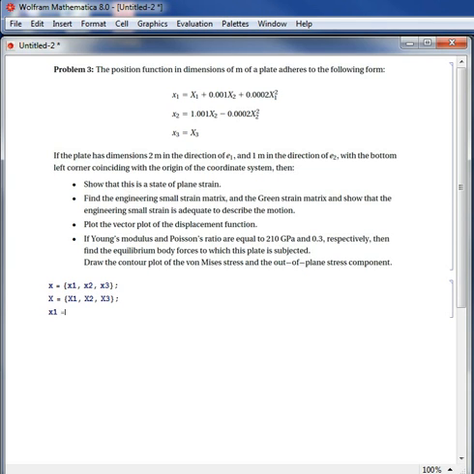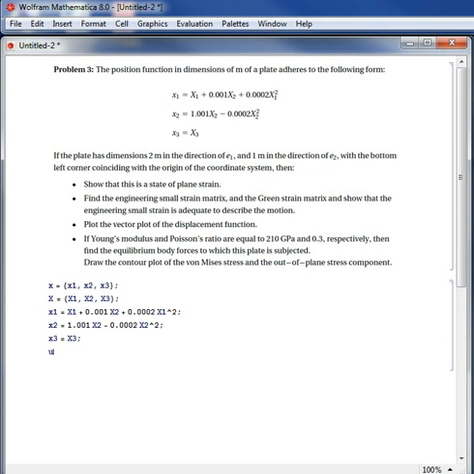I already am given the functions for small x1, which is equal to capital X1 plus 0.001 x2 plus, so I'm just copying the values from above, the functions given, and x3 is equal to X3, indicating that the plate has not moved in the third direction.